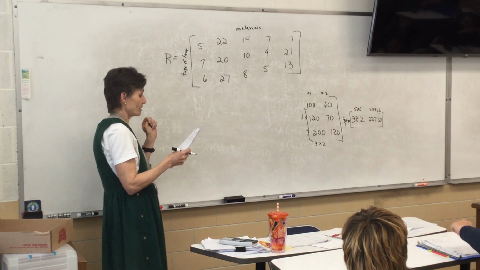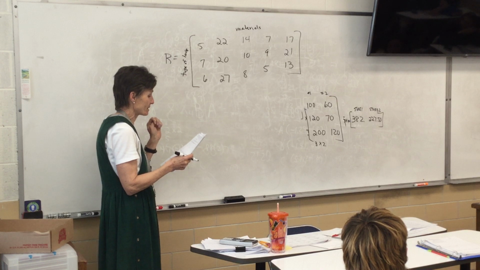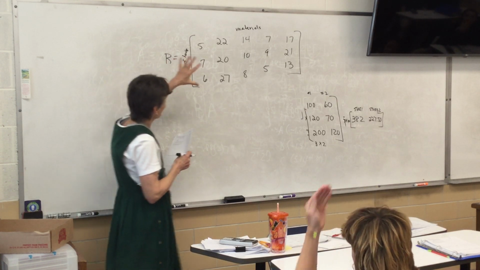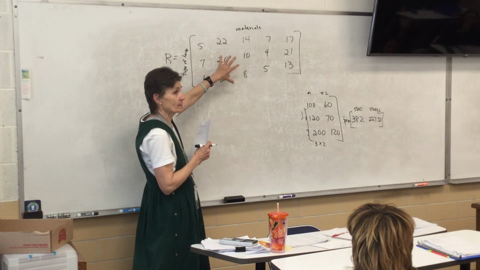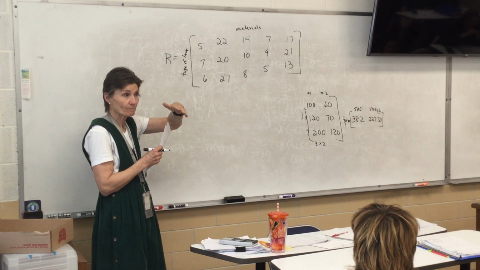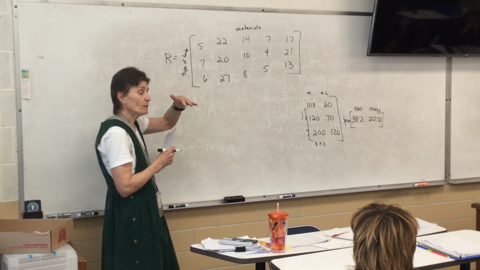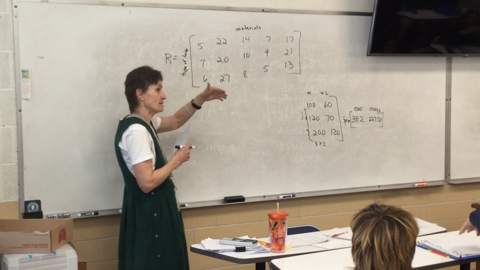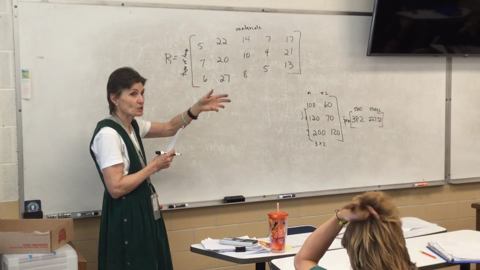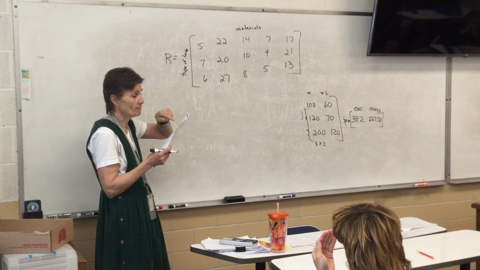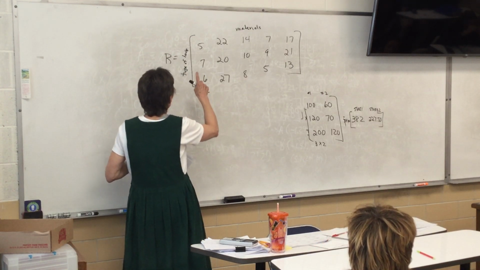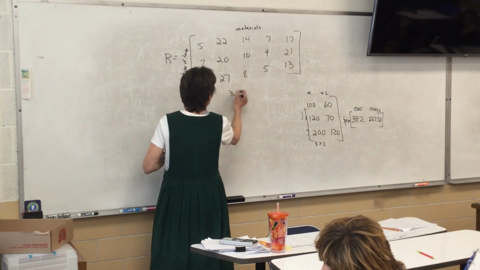Write a matrix product that gives the number of units of each raw material needed to build the houses. Now, this is the matrix that tells me what I need for each kind of house. So if I want to know how much I need to build my ranch houses, I need to know how many ranch houses there are. Does it tell me that in the problem? It does. So this guy is a 3 by 5.